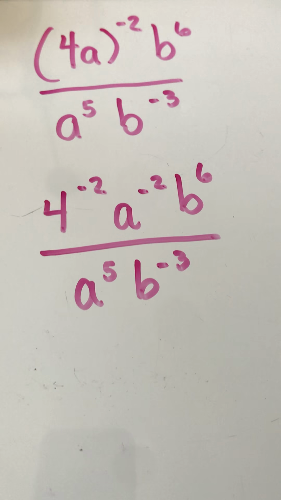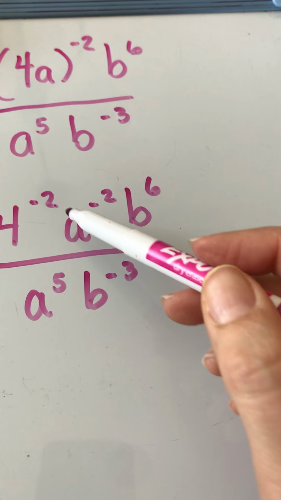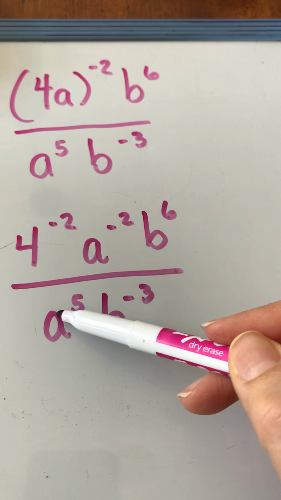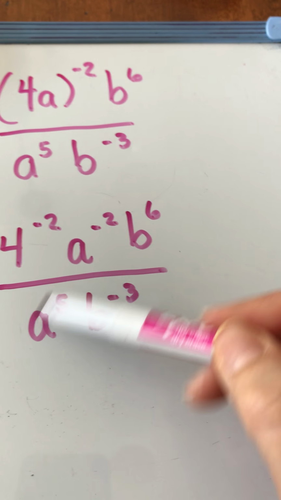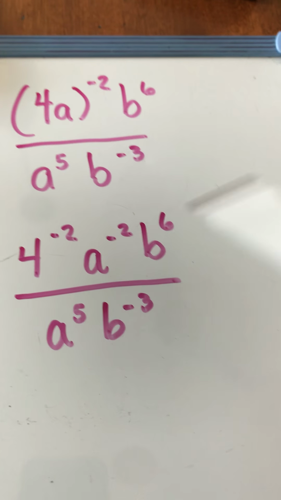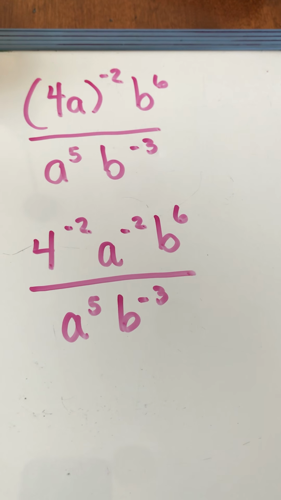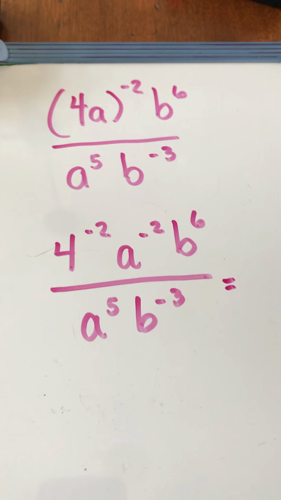So I have a couple of things that need to be done. Negative exponents need to be made positive, and then I have some of the same bases here. So I can combine them, they're being divided, so I can apply the quotient property where I'm going to subtract the exponents. So let me combine my variables first before I take care of the negative exponents.